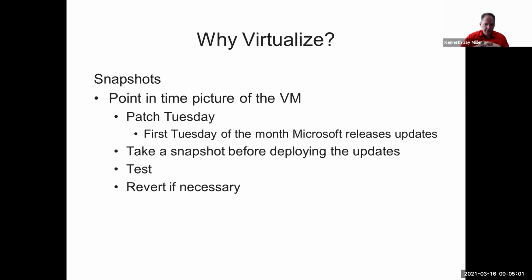That way, if the updates are downloaded and installed and they cause a problem, we can just roll back or revert to where we were, Tuesday at 1 a.m. in the morning. So snapshots are a good idea there. But in our environment, we're not going to use snapshots, okay? But just know that it's out there.